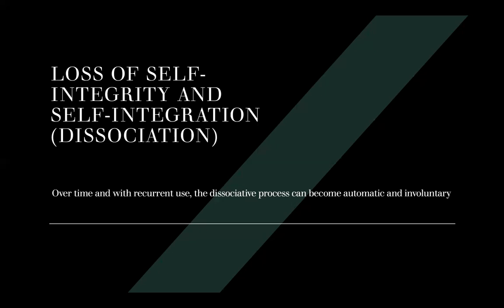So it's very adaptive, but if it's done over and over, if it's recurring, this process can become automatic and involuntary. You see this sometimes with diagnoses like dissociative fugue, dissociative identity disorder, dissociative characteristics of PTSD, which we'll talk about in a little bit. But this can be done out of the person's awareness.